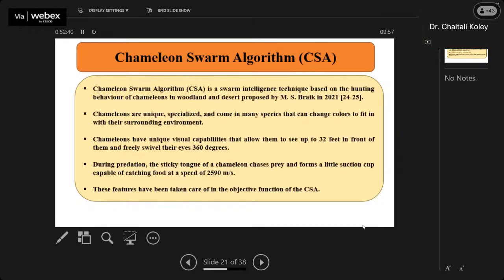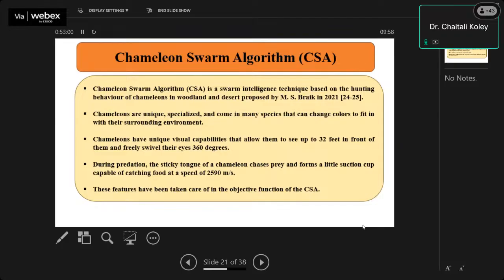Another technique is known as the chameleon swarm algorithm. This is also a part of the PSO algorithm. This algorithm is based on the hunting behavior of the chameleon, mainly in desert areas, proposed by M. S. Braik in 2021.